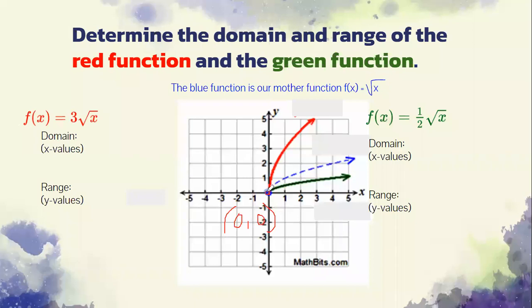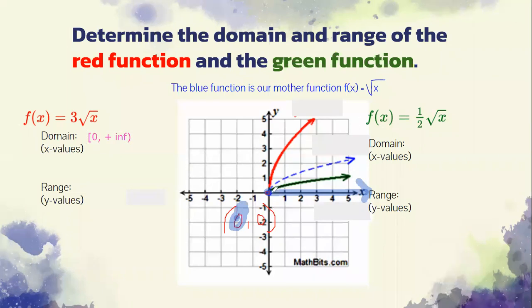It starts at 0 and continues all the way towards positive infinity in the x direction. So my domain is certainly going to start at 0, because I do have it defined at 0, going towards positive infinity.